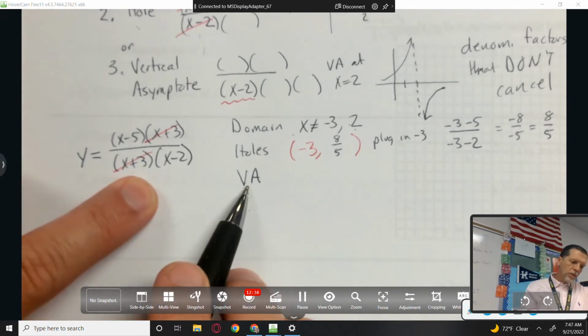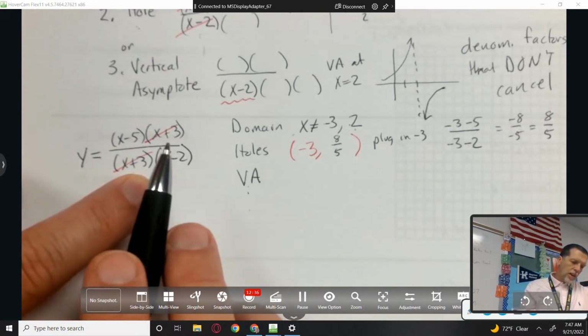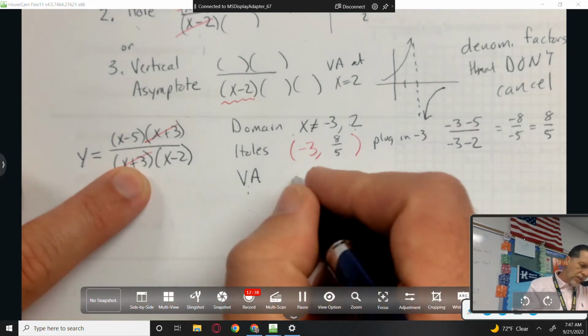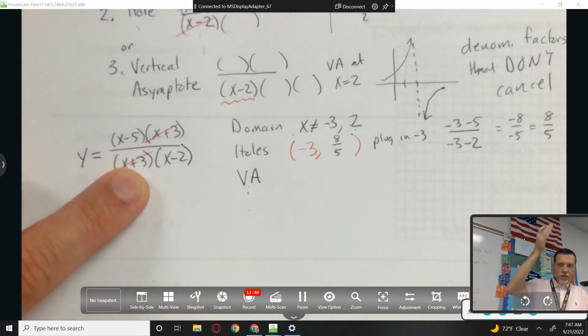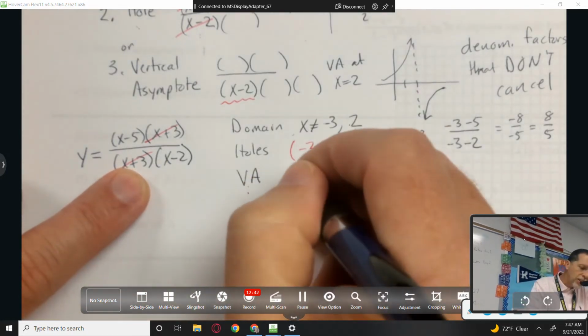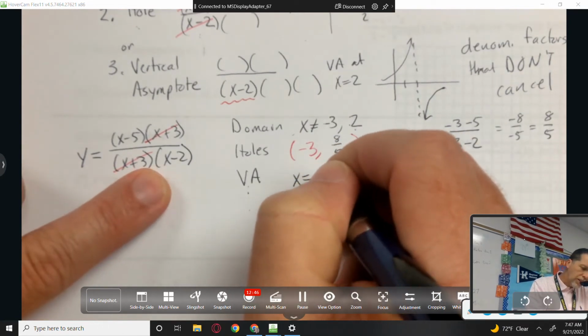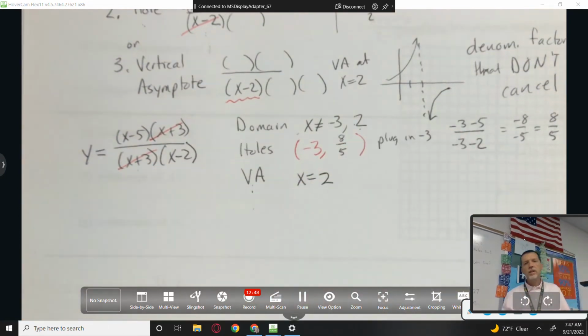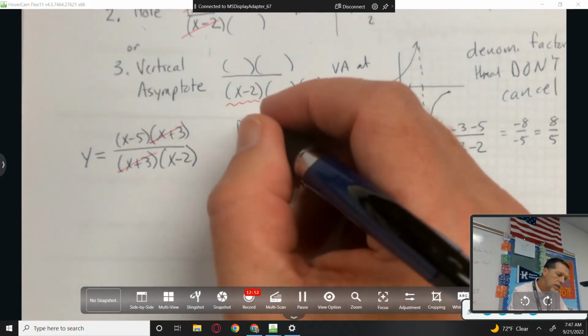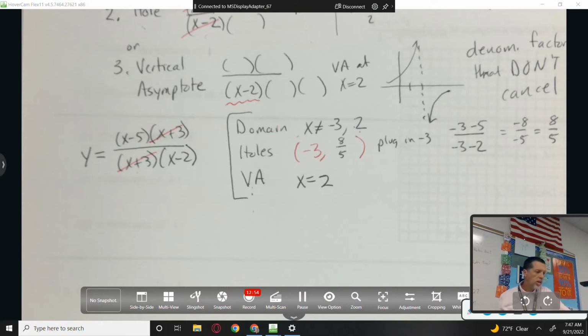Vertical asymptotes, that would be the factors that don't cancel. And a vertical asymptote, a vertical line, is an x equals line. So that would be x equals 2. All right, that's about the first third of the questions.